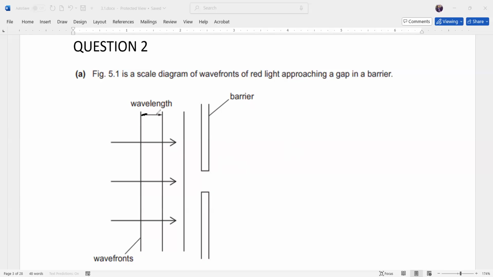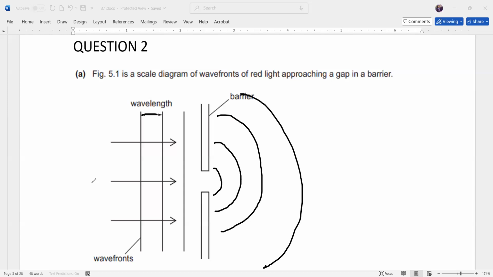If this was, let's say, 2 centimeters, then the distance between the first and second, the second and third, and the third and fourth should also be 2 centimeters. This is what you have to keep in mind: it should be the same distance.